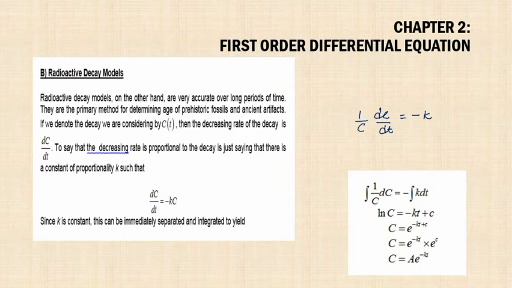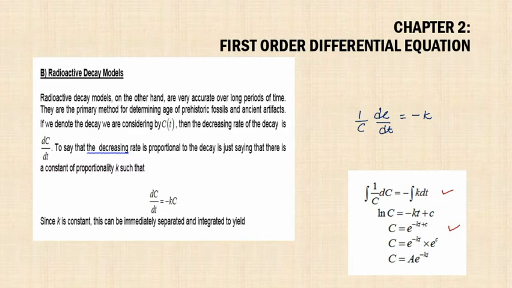And then we can integrate: the integral of 1 over C with respect to C equals the negative of the integral of k dt. So from the integration we have ln C equals negative kt plus c, and by taking the exponent of both sides, we have C equals e to the power of negative kt plus c.